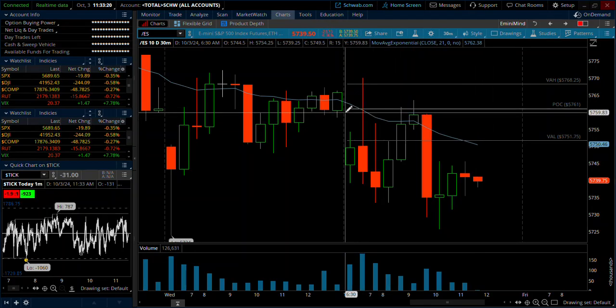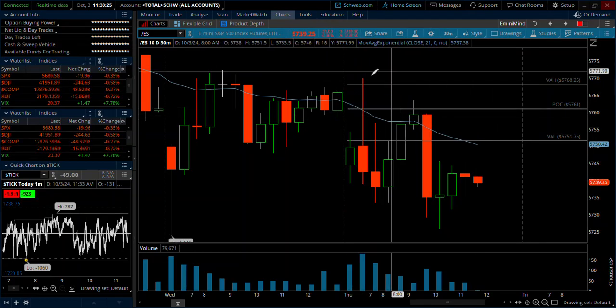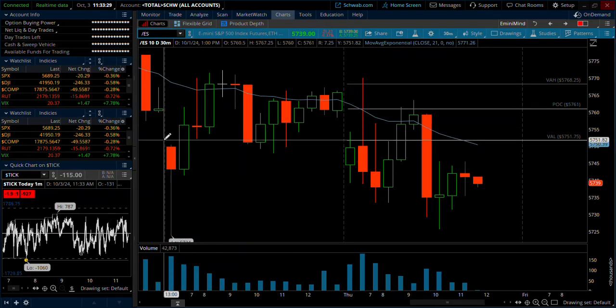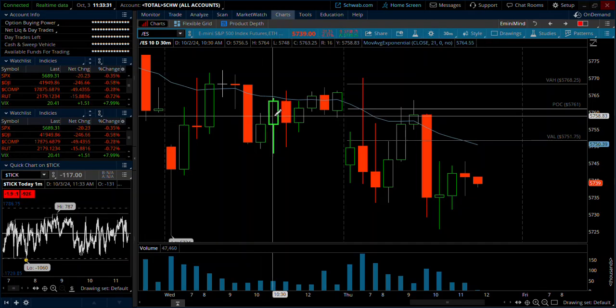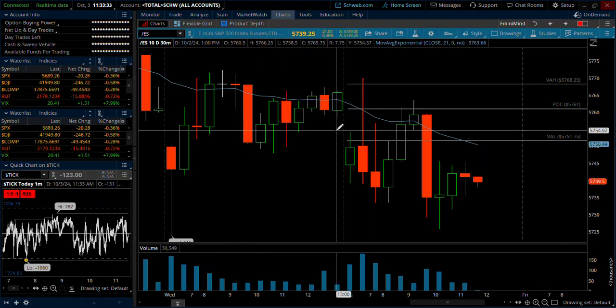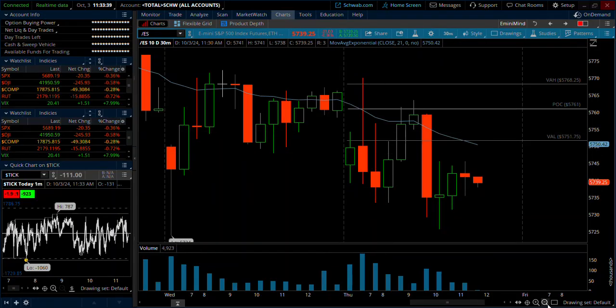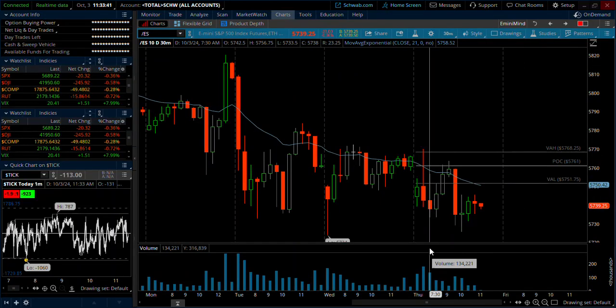Sometimes they might be a very narrow profile if you have a big trend day, and other days where we're moving sideways, consolidating, there's a lot of overlap, you're going to have a very wide profile. So that's all I'll mention about the market profile specifically. You can find more details over at the link below.